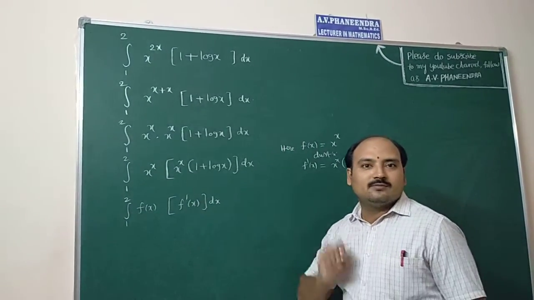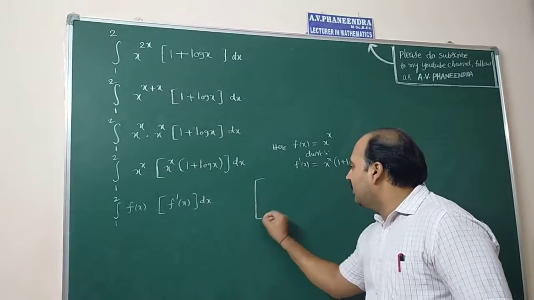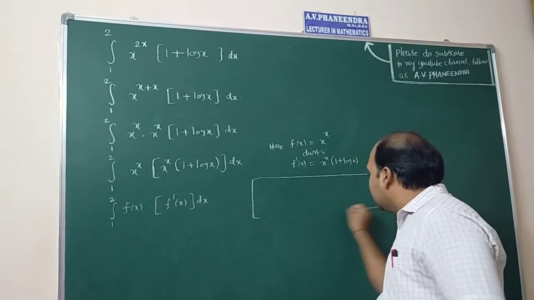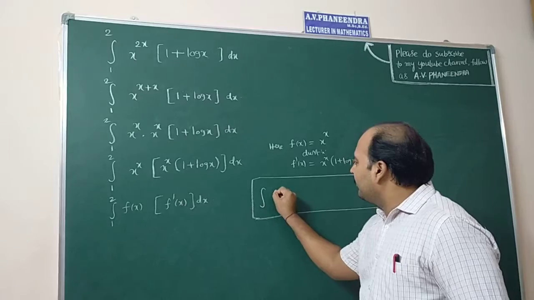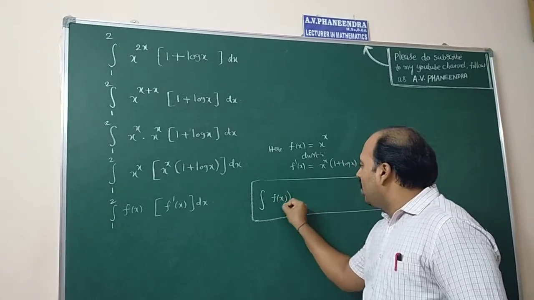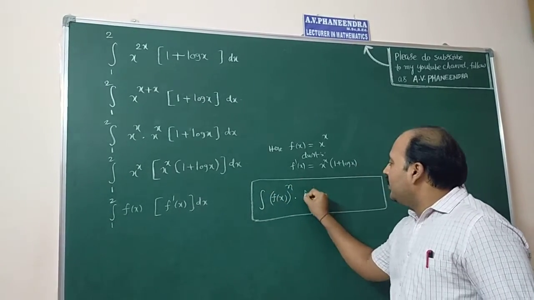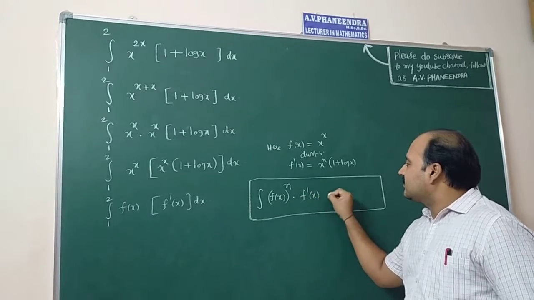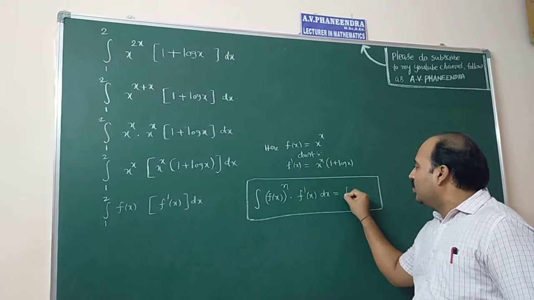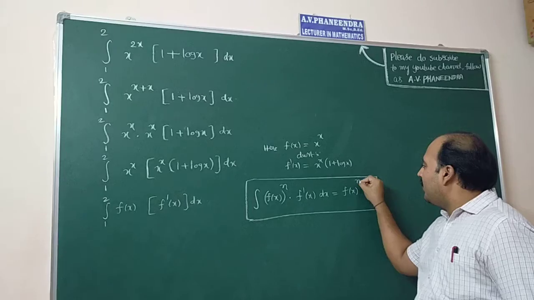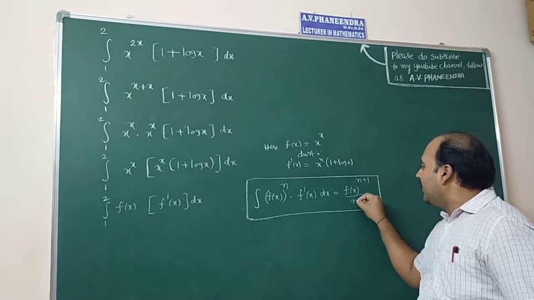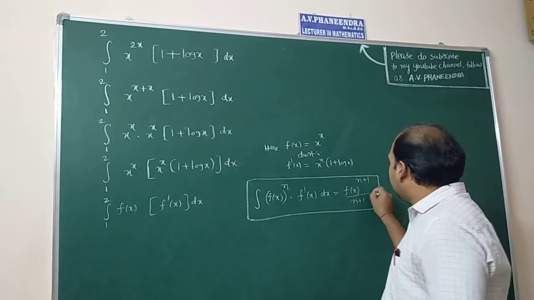What to do here? One doubt will be there. Here we have one formula: integral of f of x whole power n into f dash of x into dx is equal to f of x whole power n plus 1 divided by n plus 1, plus c.